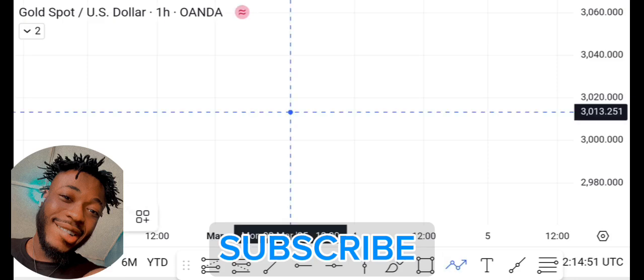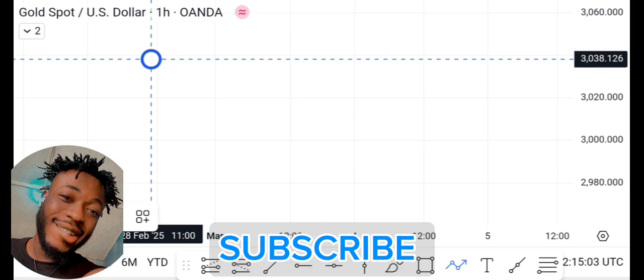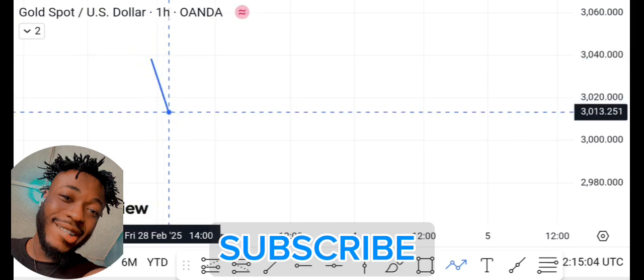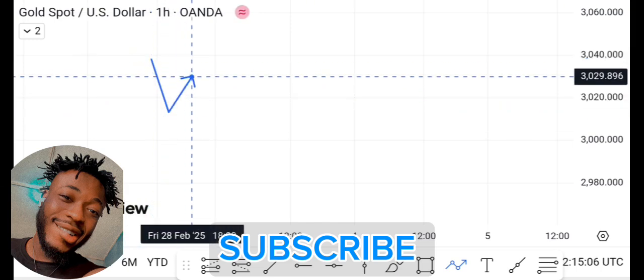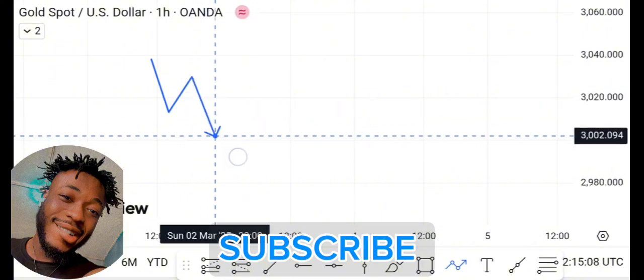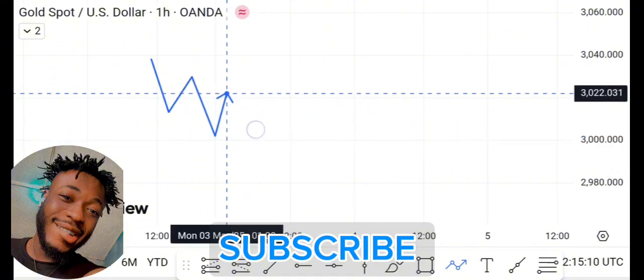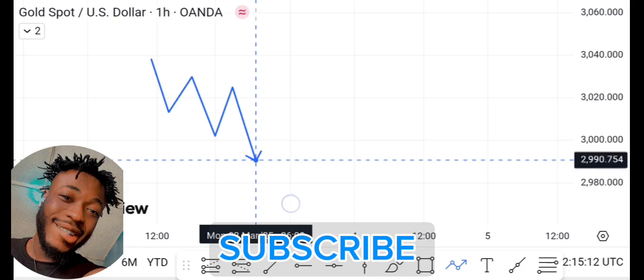Now I'll be using gold charts to explain, but let me just give you an analogy of what I'm talking about right here. What you need is for price to be trending, either giving you a series of lower highs and lower lows. You just need price to be trending. Do you understand? This is basically what you need.